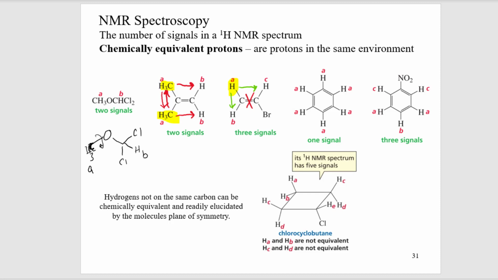HB, when it looks across the way, sees a bromine, and when it looks back, sees a hydrogen. So that's a different view. HC sees a hydrogen across the way, and a bromine immediately on the carbon attached to it. So it's a different attachment point, which is a different view set as well. I can put it in a different color.